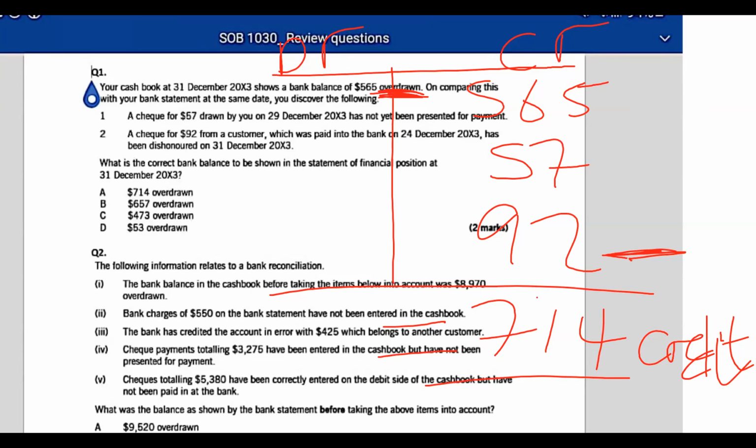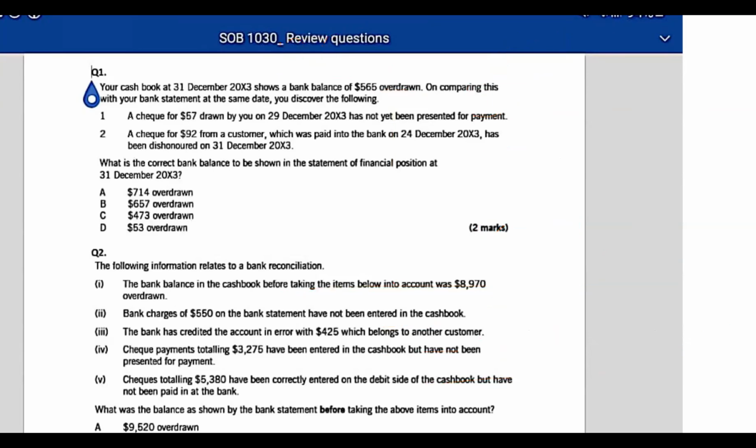Okay. So like you said last time, the figures on the credit side of the cash book should be the same as the figures on the bank statement on the debit side.